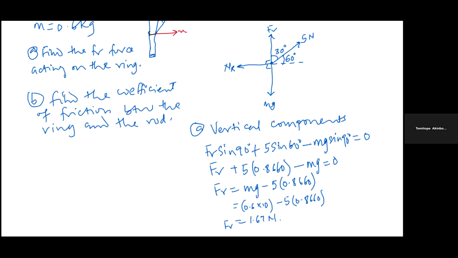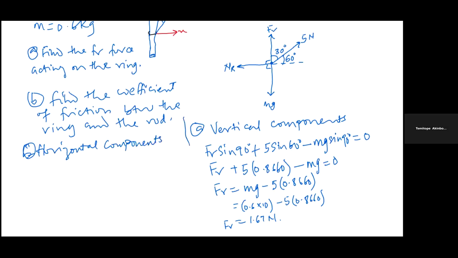So let's do the B part. The B part says we should find the coefficient of friction. So let's resolve horizontally now. Why are we taking the horizontal component now?